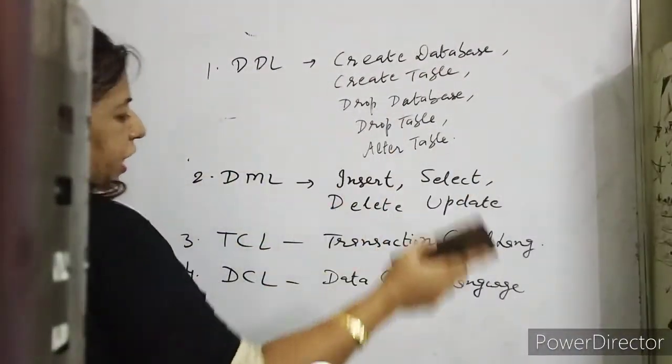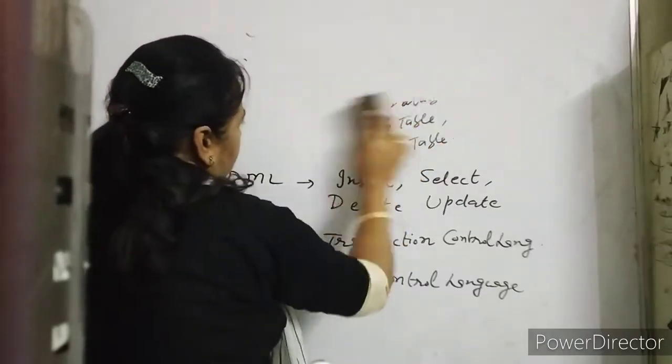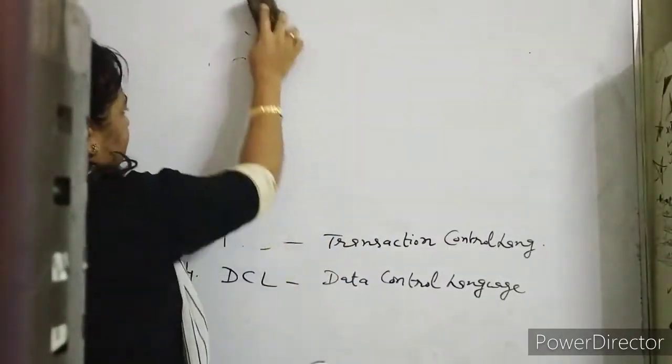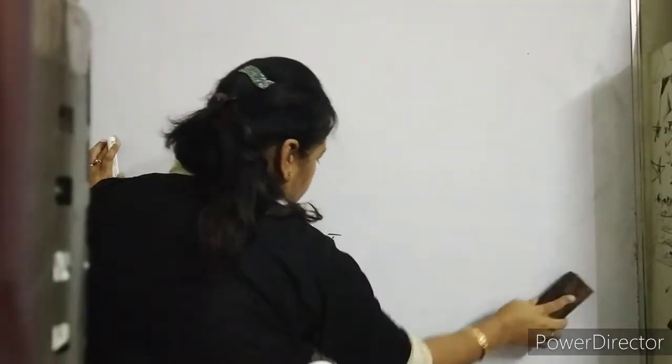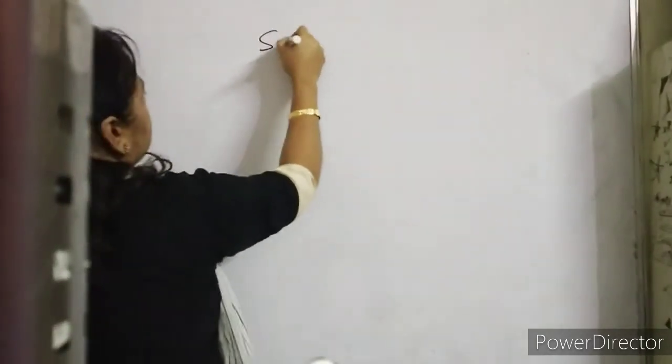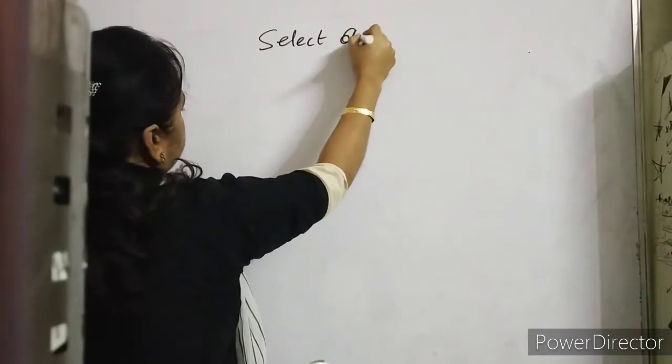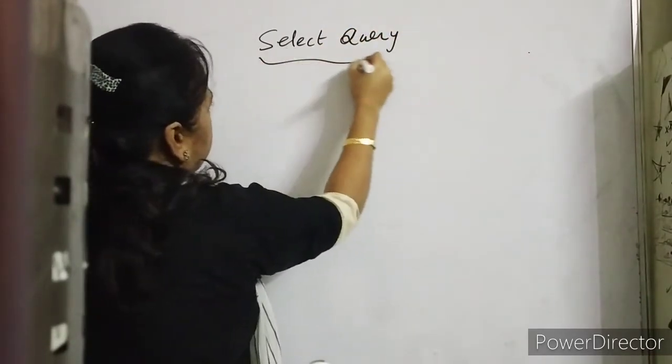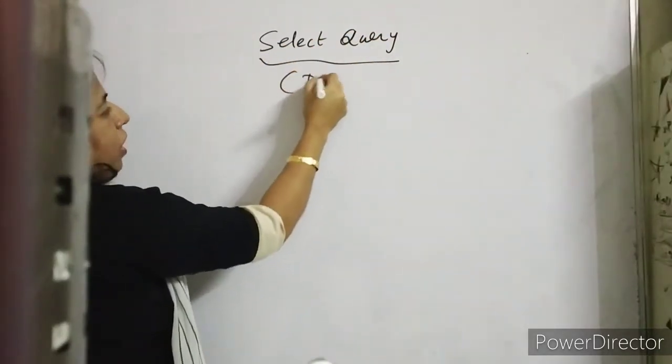So these 4 categories you should know, and 2 in detail we will study, DDL and DML. Now come back, select query. Select query is which type of command?